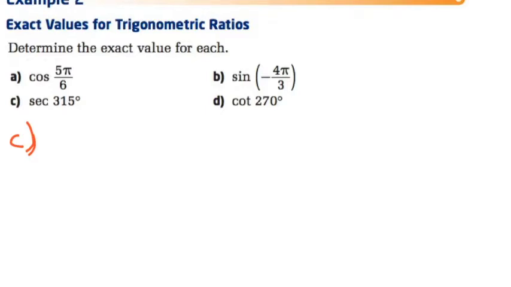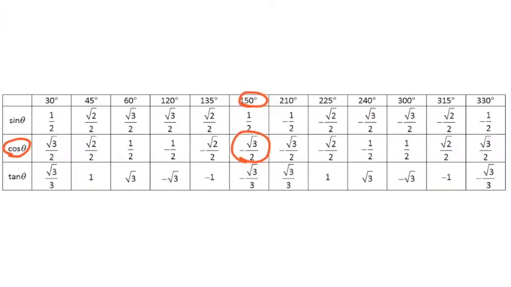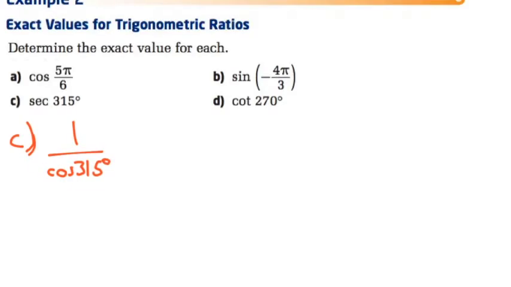So secant is actually 1 over cosine. So now we know we're dealing with 1 over cosine 315. Go back and look, line up cosine with 315, and we get root 2 over 2. So this would actually be 1 over root 2 over 2.